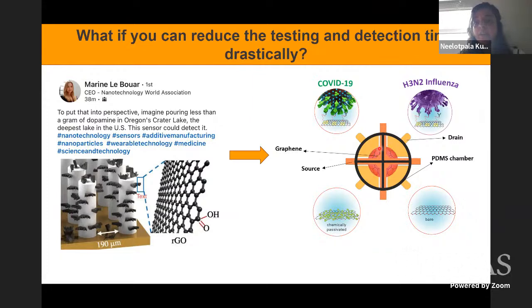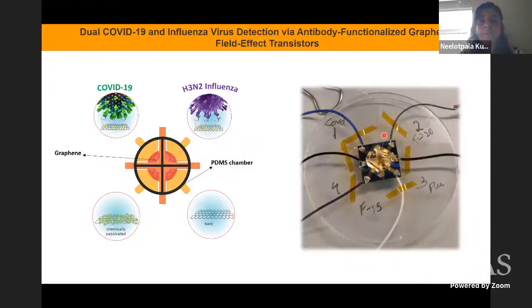So if we put the nasal swab sample of a person who is suffering from COVID-19, or let's say we don't know whether the person is suffering from COVID-19 or flu, into our device, we will be able to identify which one, depending on how the device gives out the reaction.